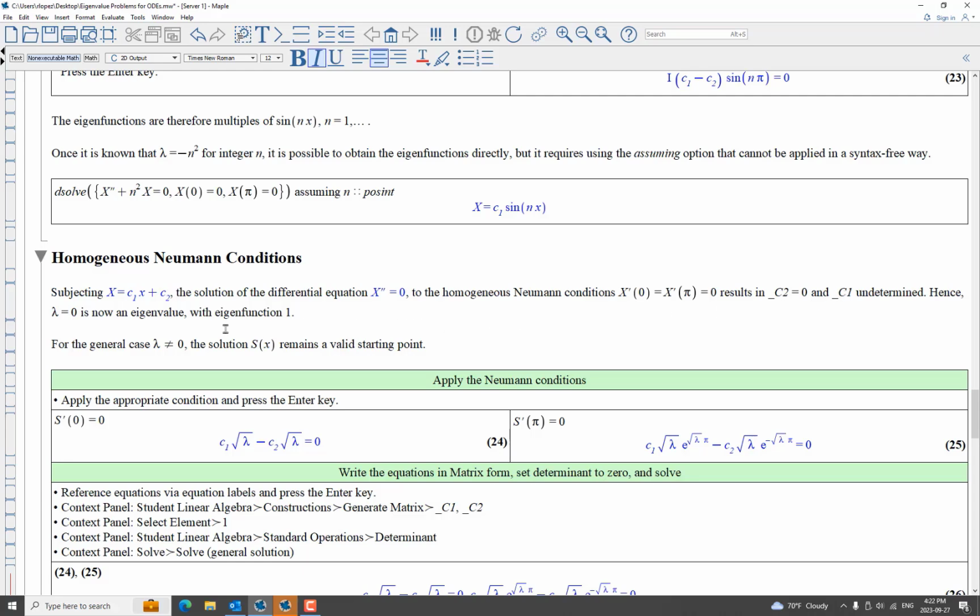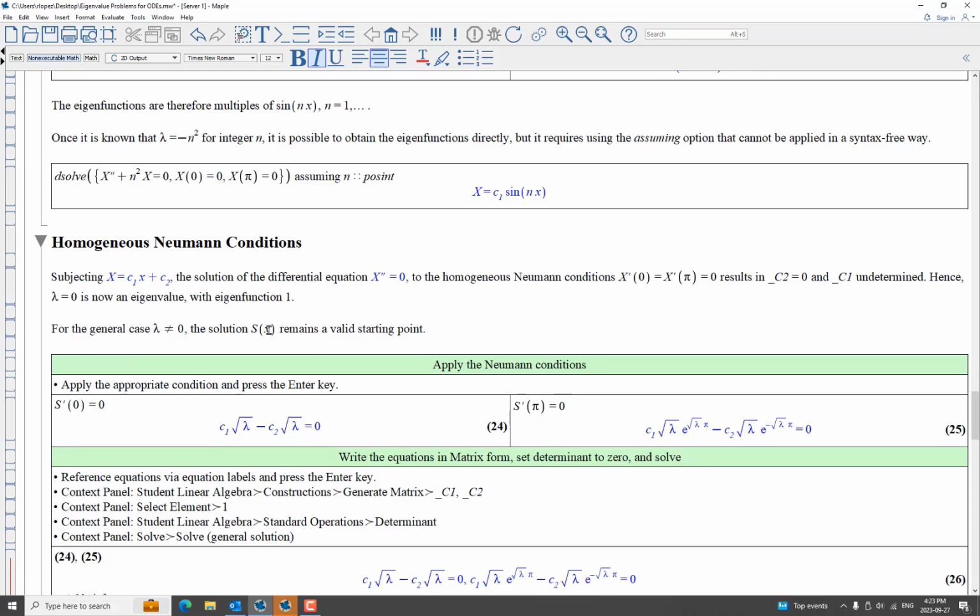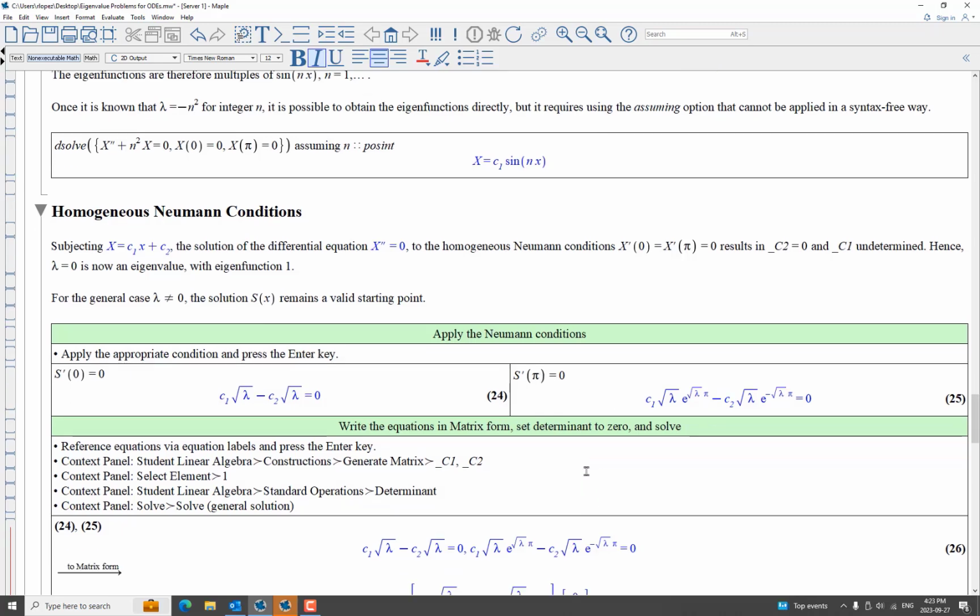So that tells you lambda equals 0 now is an eigenvalue, and the eigenfunction is 1 because it's this constant. So now the general case, lambda not equal to 0, s of x is still the general solution. So here we get the two equations, s prime at 0 is 0 and s prime at pi is 0.